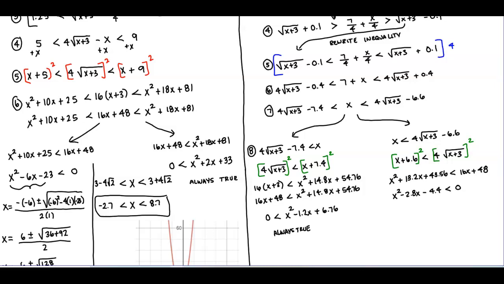So now we're going to use the quadratic formula. Using the quadratic formula, we let x equal negative b, which is negative negative 2.8, plus or minus the square root of negative 2.8 squared minus 4 times a times c, which is negative 4.4, all over 2 times 1.